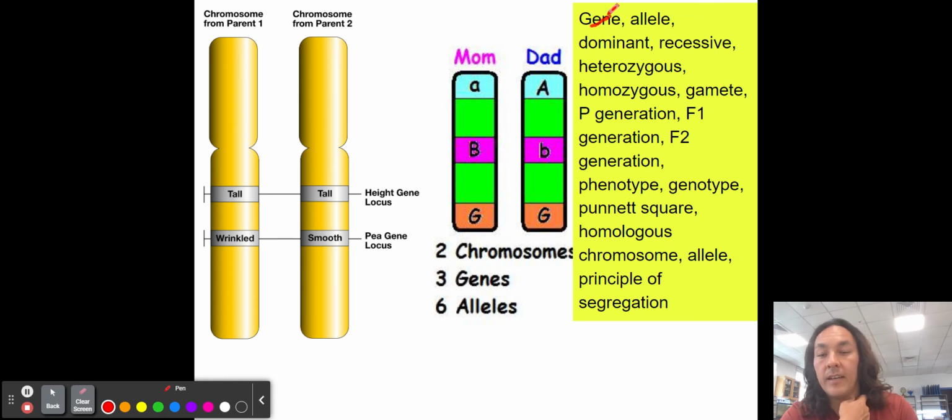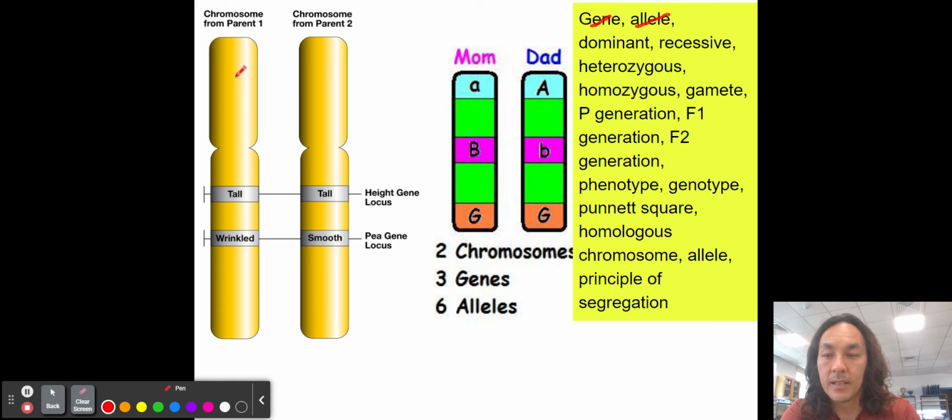A gene. A gene is a segment of DNA that codes for a protein. This is the height gene, whether the plant is tall or short. This is the texture of the pea that it makes, whether it is a wrinkled pea or a smooth pea. That is the gene. An allele is a form of a gene.